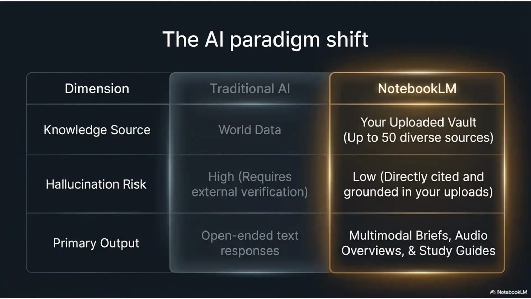When we talk about the knowledge source, traditional AI was looking at all kinds of information available on the internet across the globe. When we talk about Notebook LM, it looks into the specific source material that is added or provided by us.